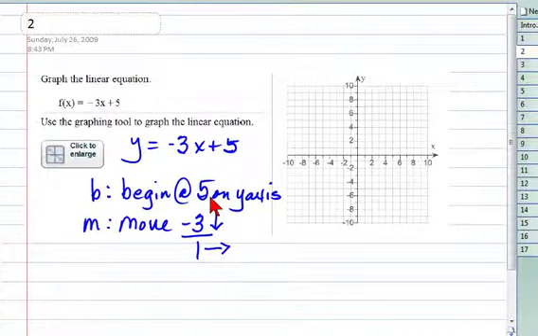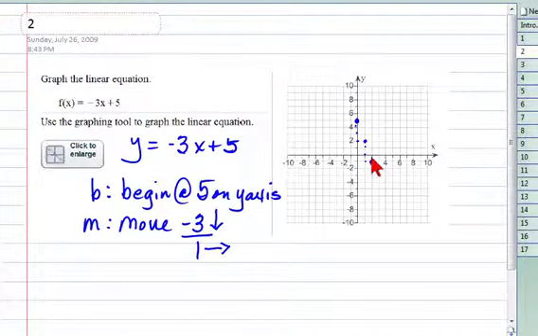Begin at 5, it must be on the y-axis. So here is 5 on the y-axis. Don't put it on the x-axis, put it on the y-axis. From there, I move down 3, 1, 2, 3, and right 1. I can do that again. Down 1, 2, 3, right 1.